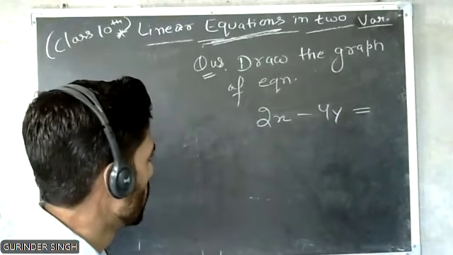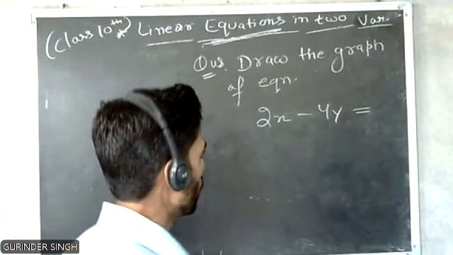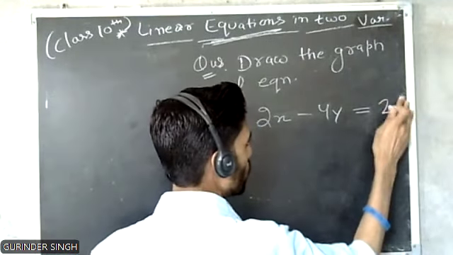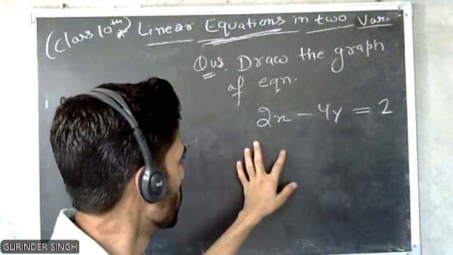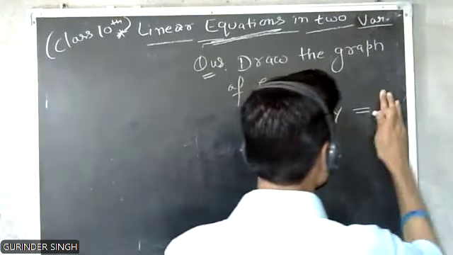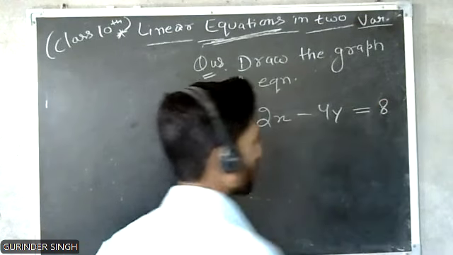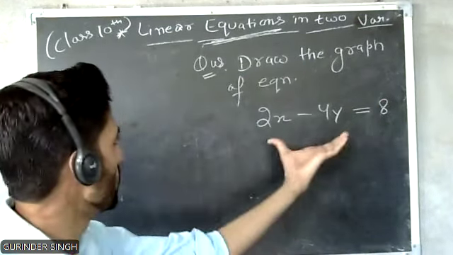If I'm putting 0 here, we can make it 8, right? So it will be easy, right?